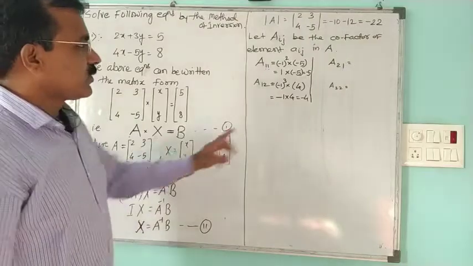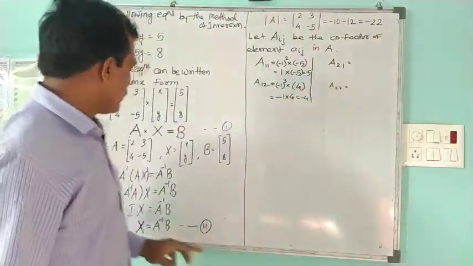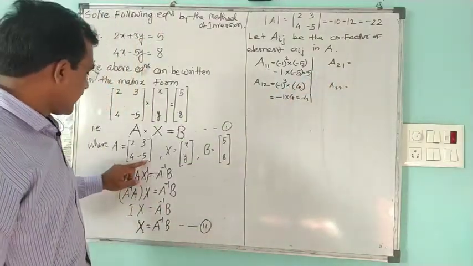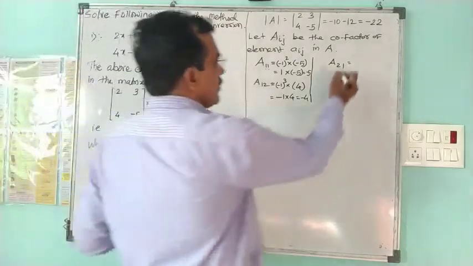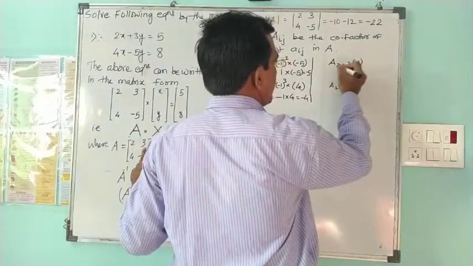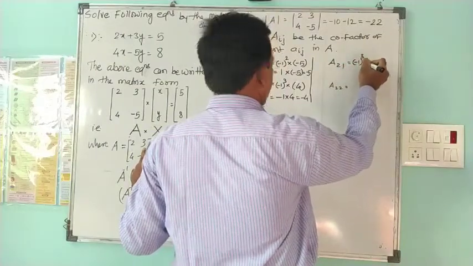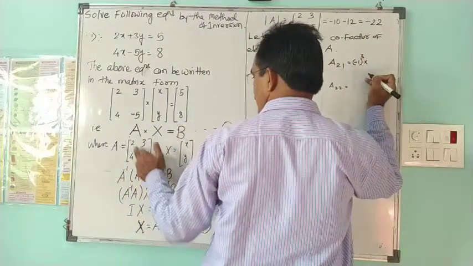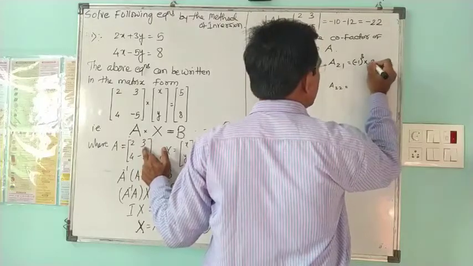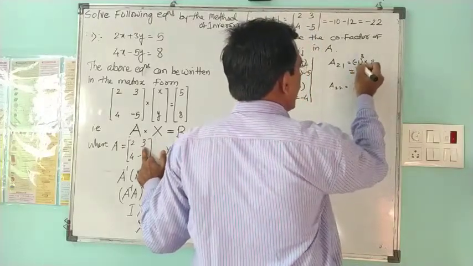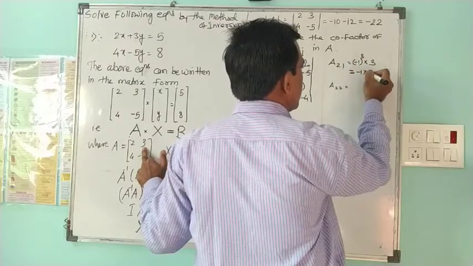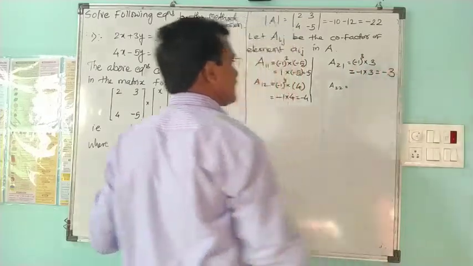After this, we want to get the next cofactor, that is A21. Eliminating second row with first column, we have minus 1 raised to the power sum of these two numbers, which is 3, and elimination of second row with first column gives us 3. So minus 1 has odd power, it is minus 1 into 3, so it is minus 3.